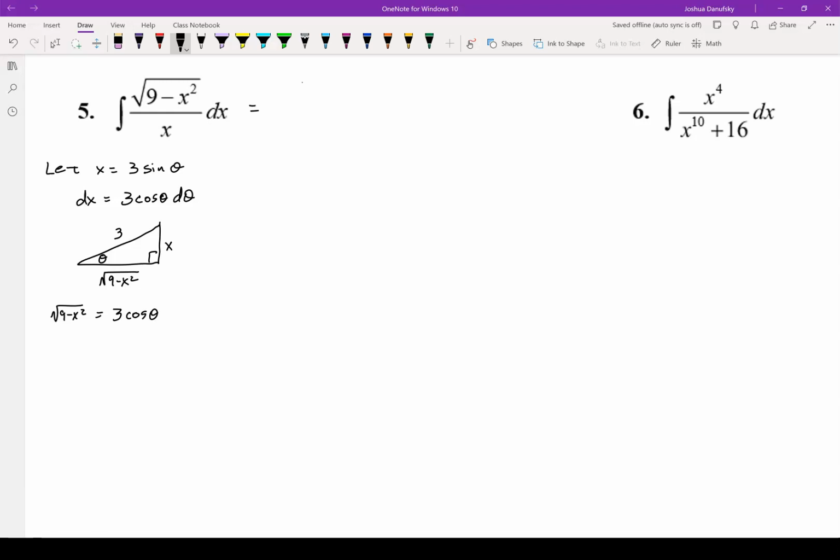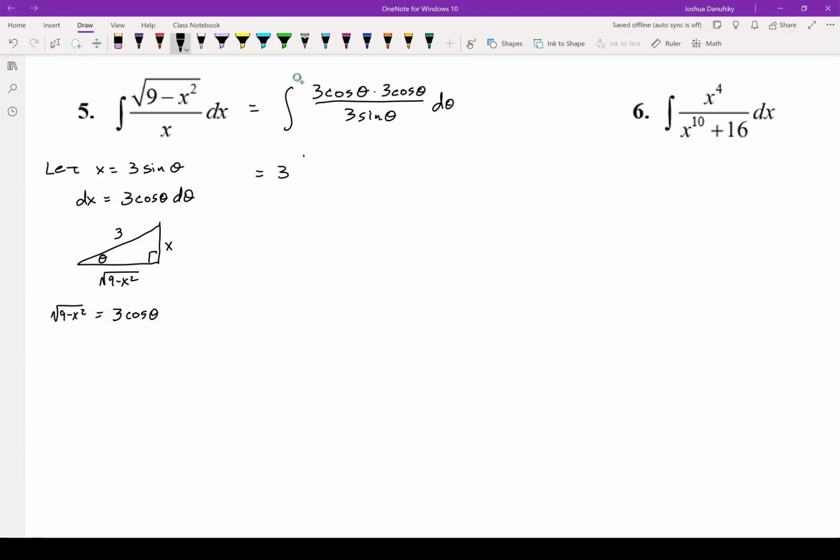So now this integral becomes 3 cosine theta, replacing our square root of 9 minus x squared. Our dx gives us another 3 cosine theta d theta. And in the denominator, we have just x, which is 3 sine theta.